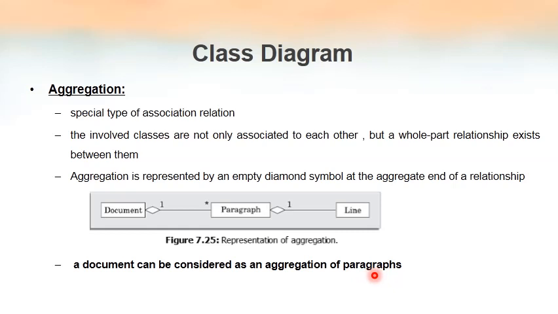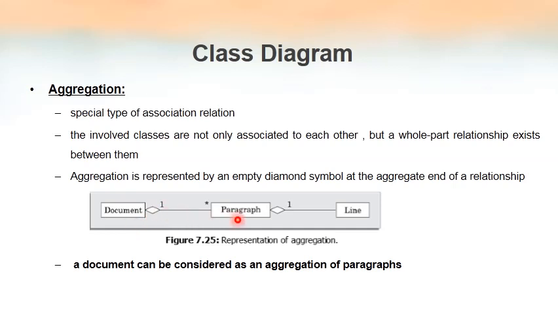This document and paragraph are not just associated, but there is something more between them. The number of paragraphs determines how long the document is. So there is another kind of relation between them, and we cannot say that they are only associated.